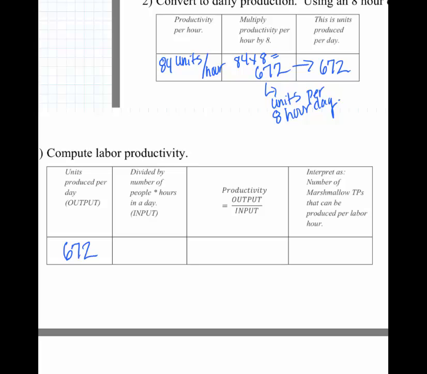So our total input would be designated as 6, because remember that was 6 people at our table, multiplied by the hours in the day, which is 8. And we'll just note here hours in the day.